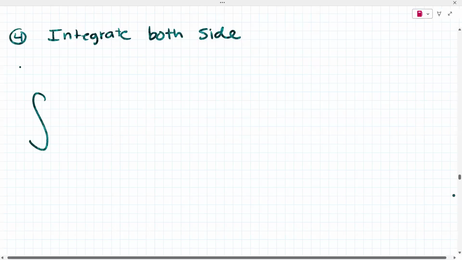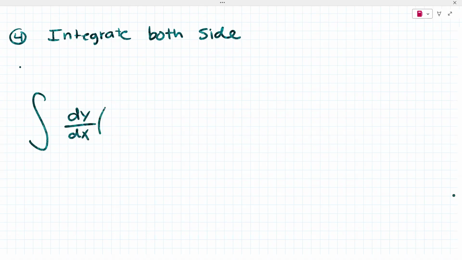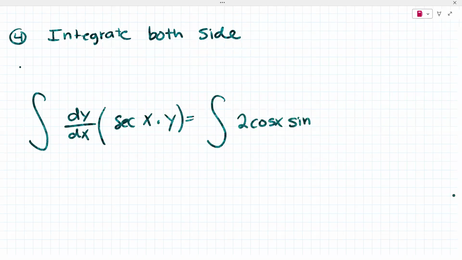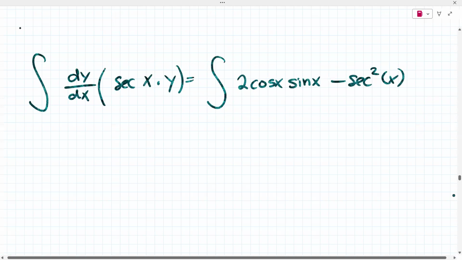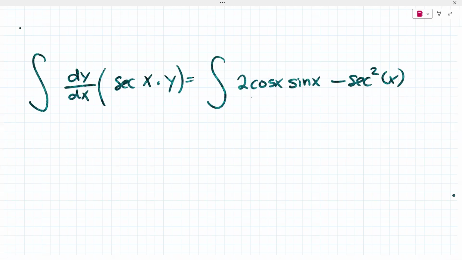Okay, so on the left, it's dy dx of secant x times y equals the integration of 2 cosine of x sine of x minus secant square of x. So did you know that 2 cosine times sine of x is a double angle?